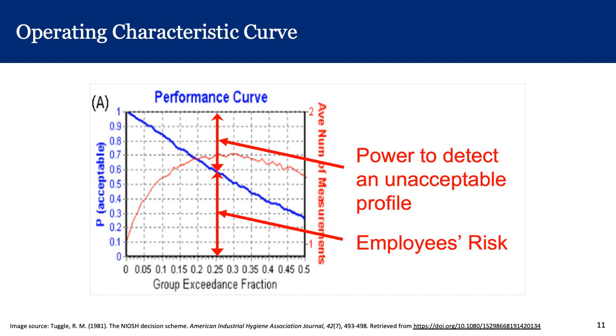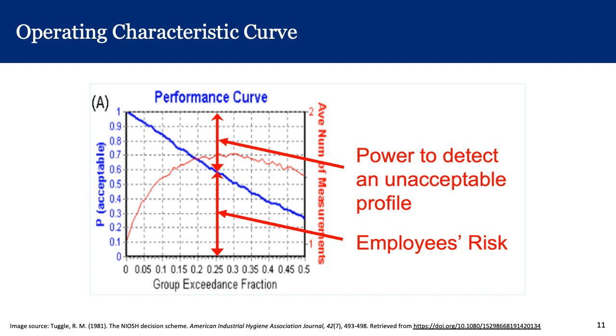So there are a couple of things that I want to point out in this graph as well. At the 0.25 exceedance fraction, you see 2 vertical lines, double-sided arrows. And so from the x-axis to that point on the curve, that is the employee's risk that we discussed earlier. This is the probability of making a decision error when the exposure profile is clearly unacceptable.